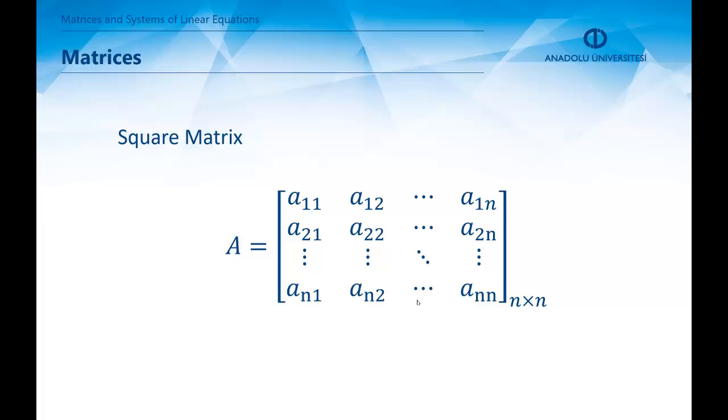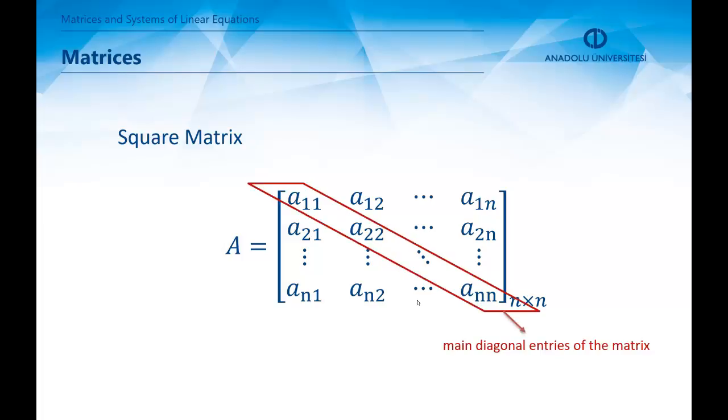A square matrix is a matrix where the number of rows is equal to the number of columns. So in this case we have n rows and we have n columns. So the size of this matrix is n by n. The main diagonal is the entries on the diagonal of this matrix.